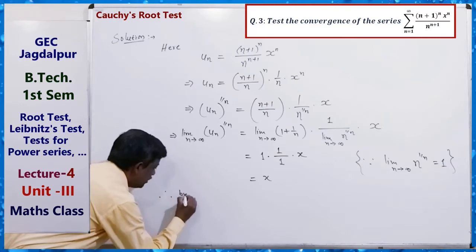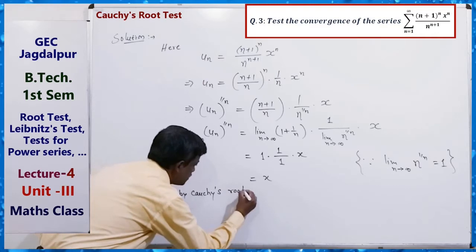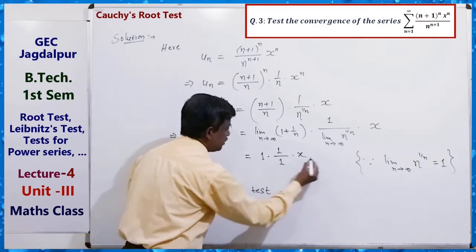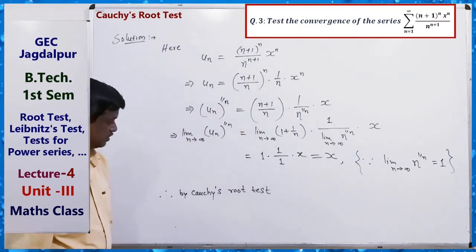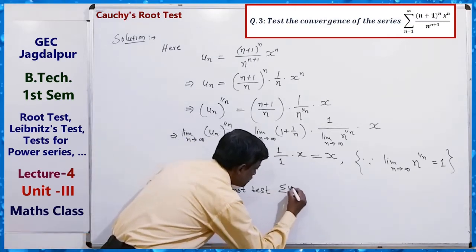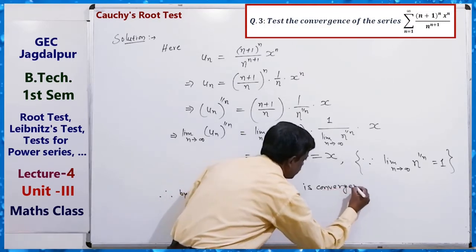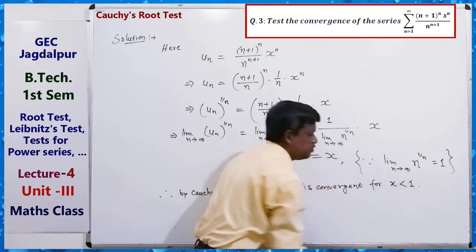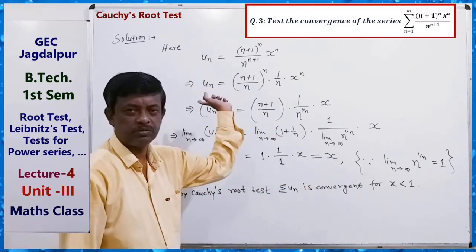Therefore, by Cauchy's root test, the series is convergent for x less than 1, because the limit is x, as in the previous question.